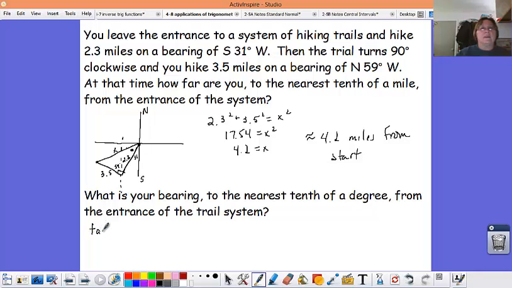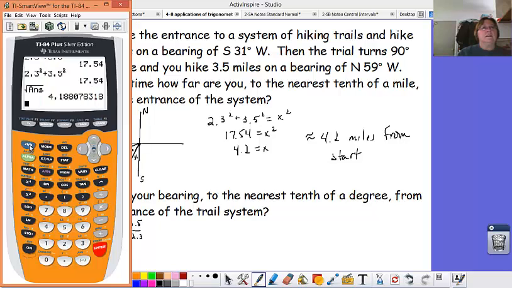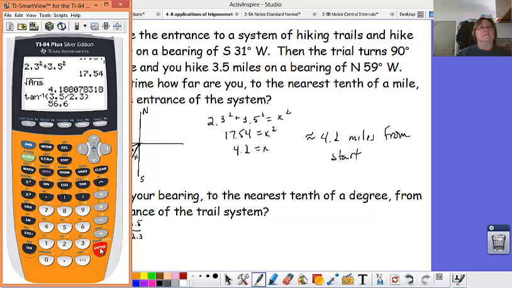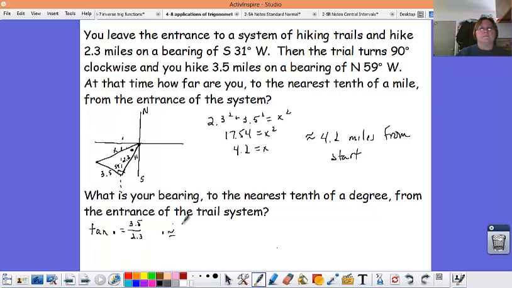The tangent of my dot angle is 3.5 over 2.3. Calculator. I need the angle whose tangent is 3.5 divided by 2.3. And the calculator says that little angle is about 56.7 degrees.